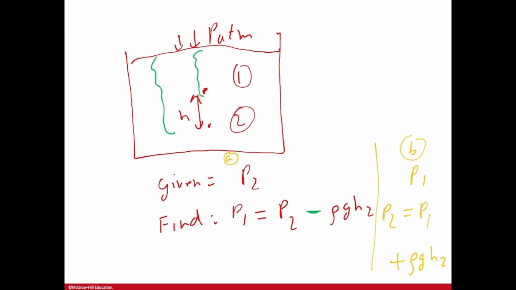So just use intuition and common sense to at least decide on the signs. The sign is one thing that students make a mistake on, so just be careful when it comes to the sign, whether you're adding rho g h or subtracting it. For me, this intuition helps as a consistency check to figure out the signs.